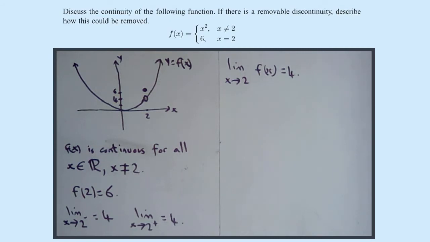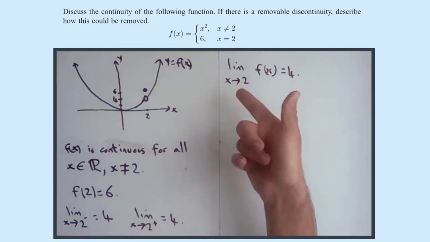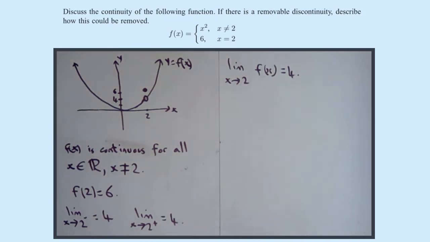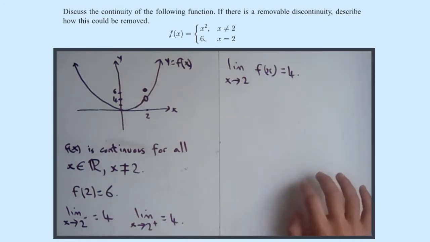If a limit exists, then it means that we don't have an essential discontinuity. But we definitely have a discontinuity because f of 2 does not equal the limit as x approaches 2 of f of x. So we have a discontinuity, but because this limit exists, this is classed as a removable discontinuity.